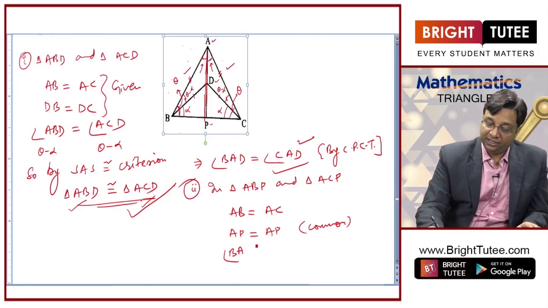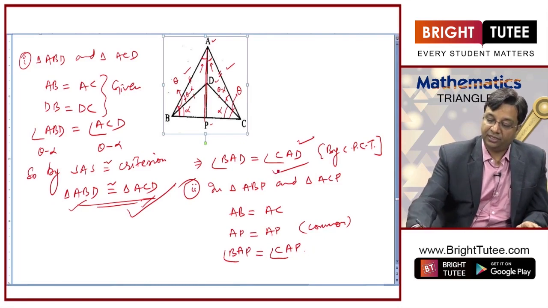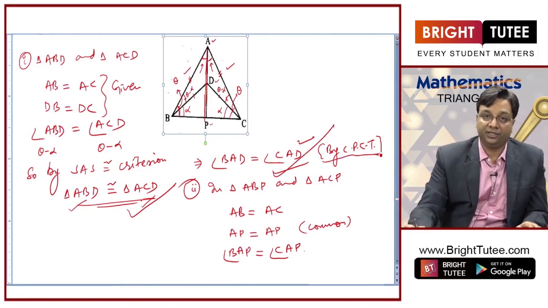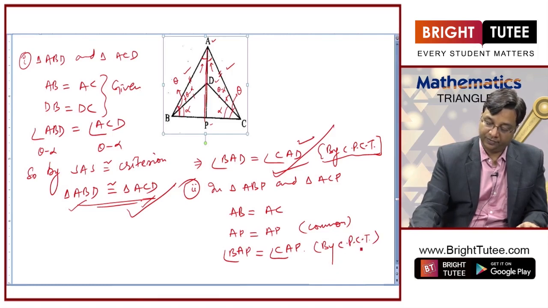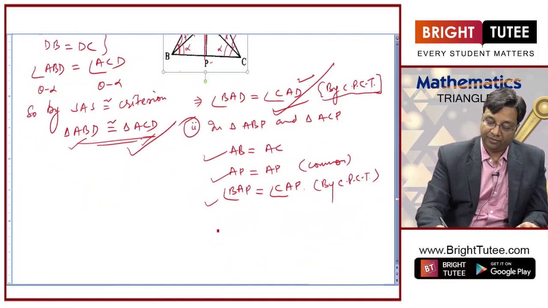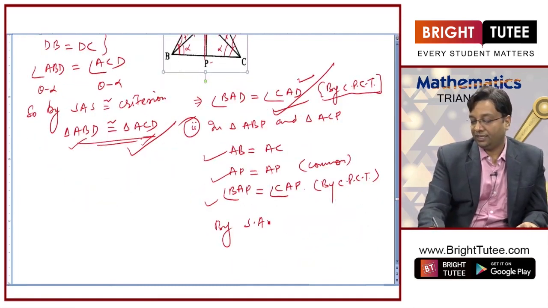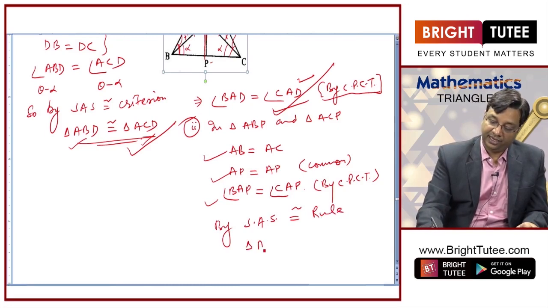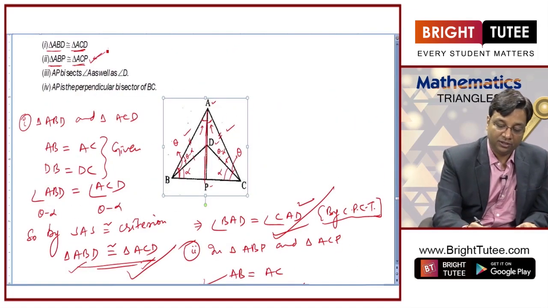Angle included between these sides, angle BAP is equal to angle CAP. This we have already shown by CPCT, right. So, by side angle side congruence rule, I can say triangle ABP is congruent to triangle ACP. So the second part is also done.